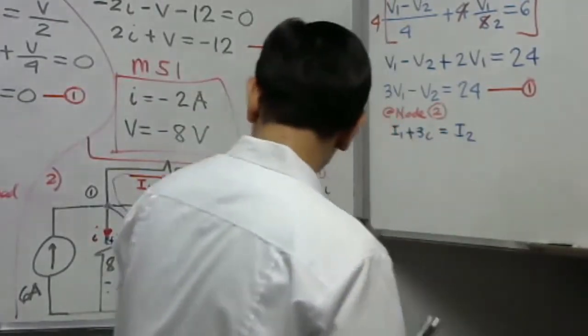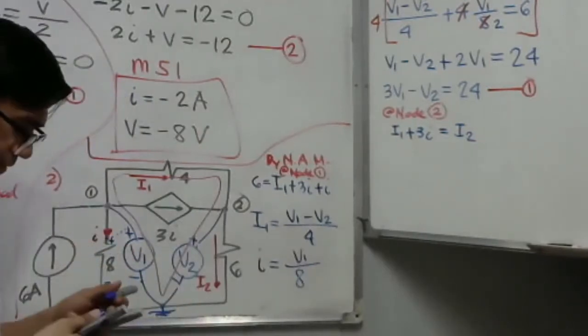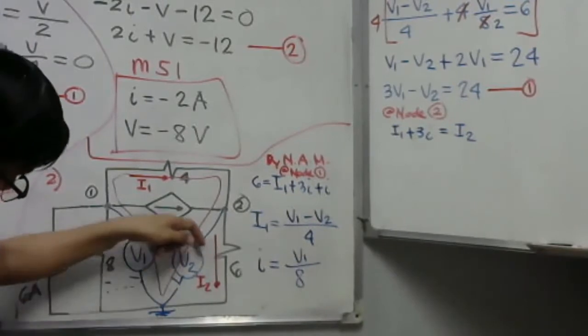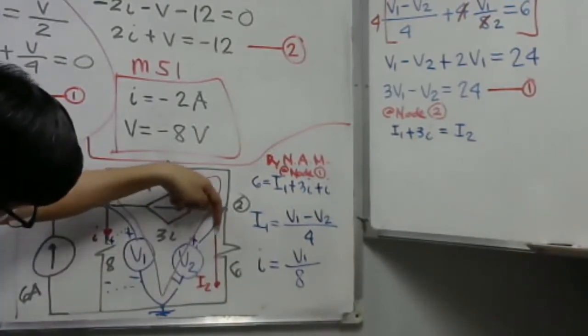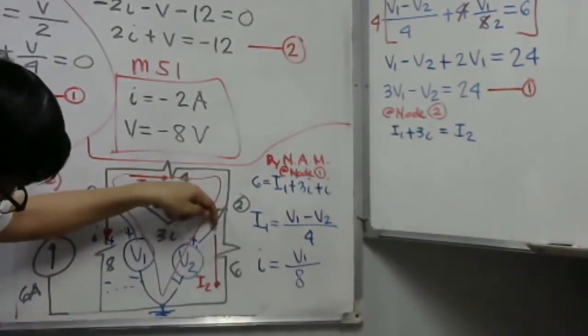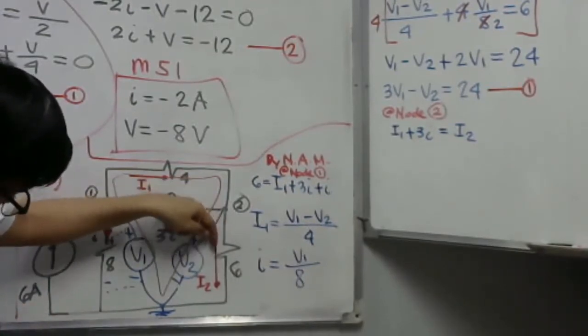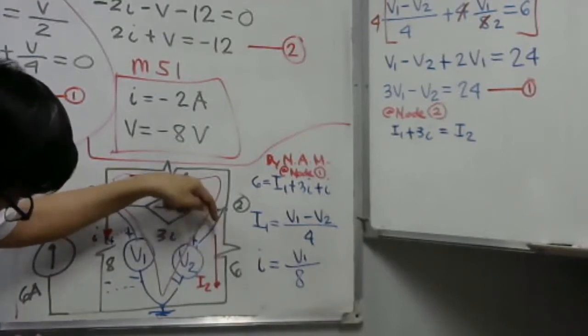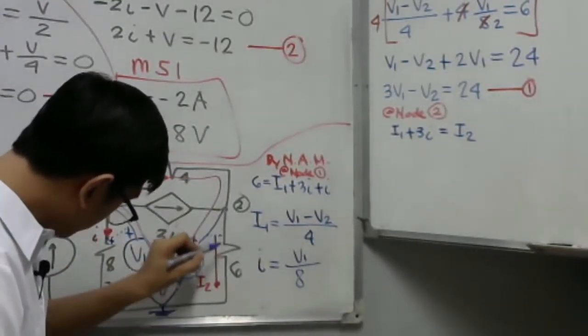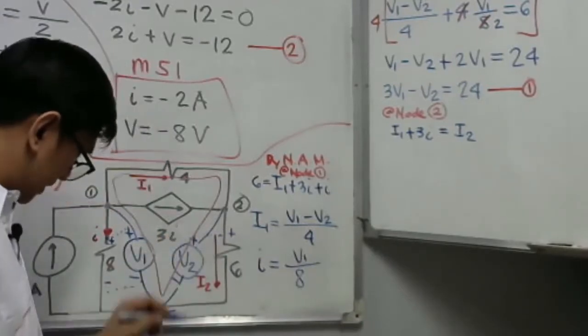By the way, what is our I sub 2 here, guys? Our I sub 2 is the current leaving at node 2. That will simply enter the positive terminal of the voltmeter, so this is also the positive terminal of the voltmeter.